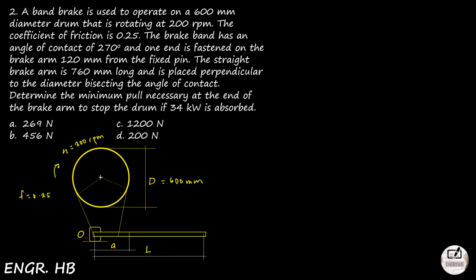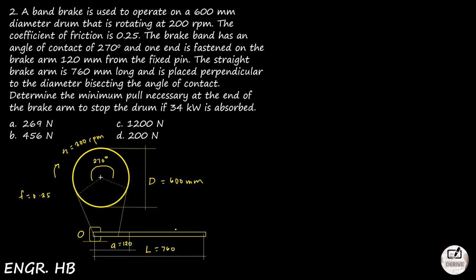The brake band has an angle of contact of 270 degrees. And one end is fastened on the brake arm 120 mm from the fixed pin. So this is your fixed pin and this should be 120. The straight brake arm is 760. So this is it, there are only two arms.